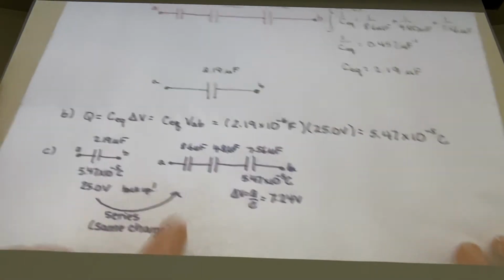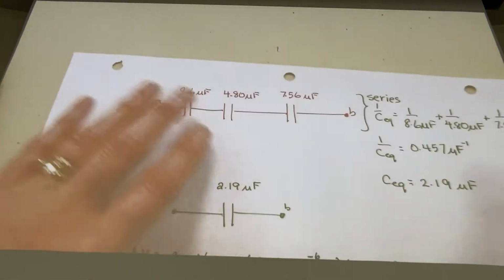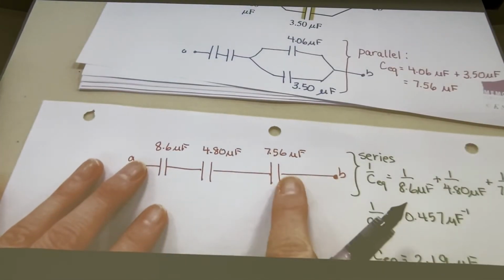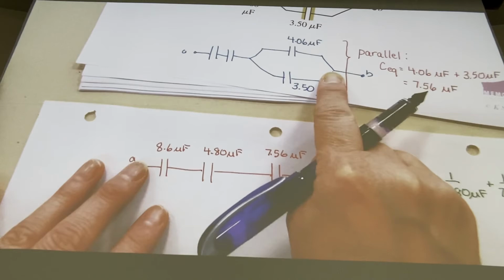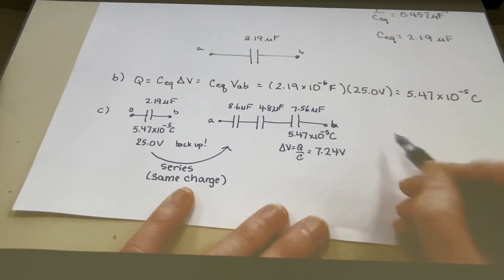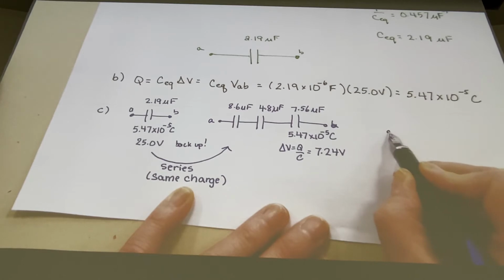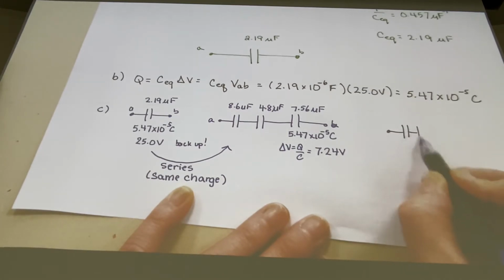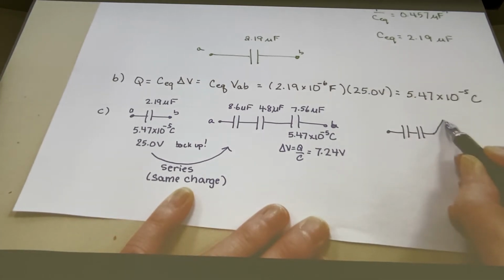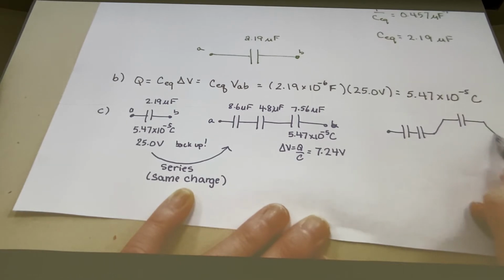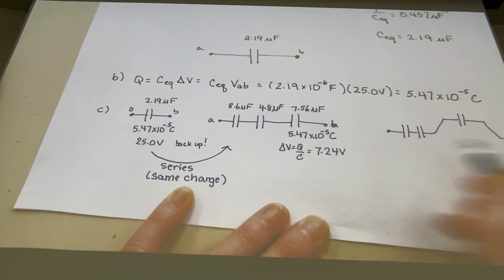As we back up to our next step, we're going from this picture backwards to this picture. So let's redraw this diagram. So our previous step had point A here, our two connected capacitors here, point B here.